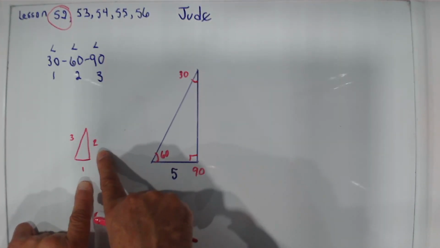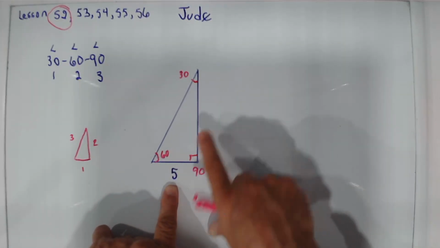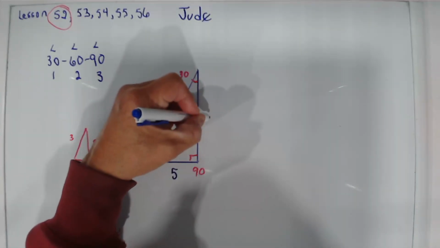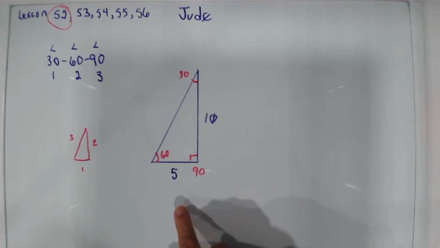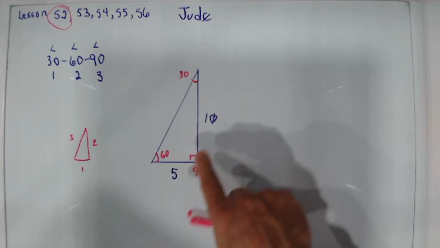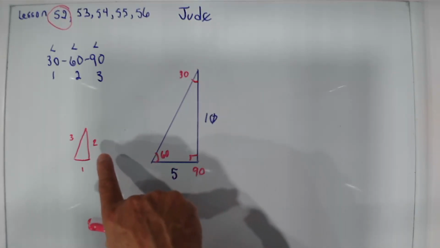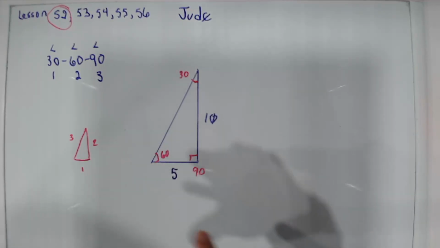It's going to be twice as big as the short one. So 2 times 5 is going to give us 10. Does that work out okay? 10 is twice as big as 5, and that fits the proportion of this similar triangle. The 2 is twice as big as 1.